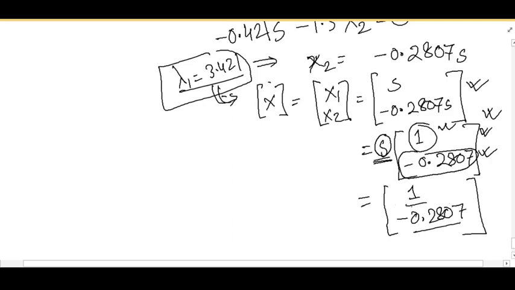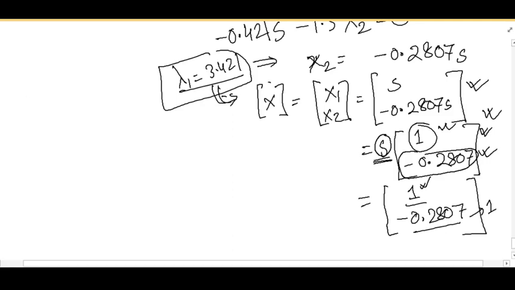Whatever you use, you can convert this to 1 and multiply, and for converting this to 1, you can divide it with minus 0.2807, the first one. However you convert it, it doesn't matter. The ratio must always be the same, whatever the approach is.